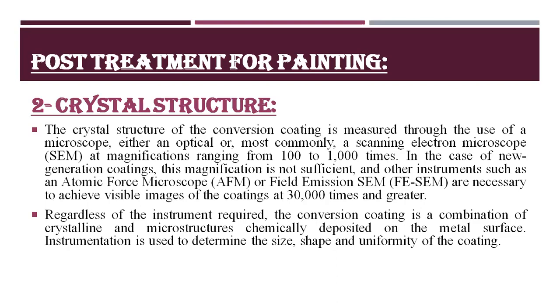In the case of new generation coatings, this magnification is not sufficient, and other instruments such as an atomic force microscope or field emission microscope are necessary to achieve visible images of coatings at 30,000 times and greater. Regardless of instrument required, the conversion coating is a combination of crystalline and microstructures chemically deposited on the metal surface, and the instrumentation is used to determine the size, shape, and uniformity of the coating.